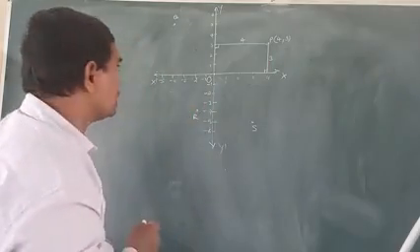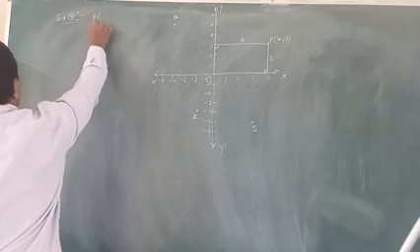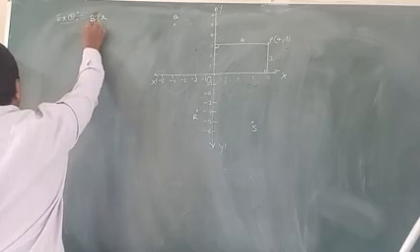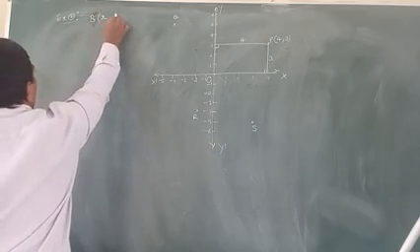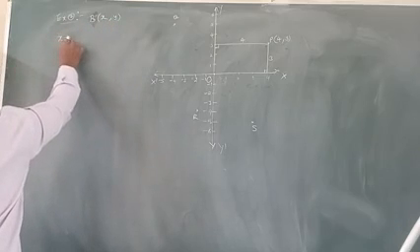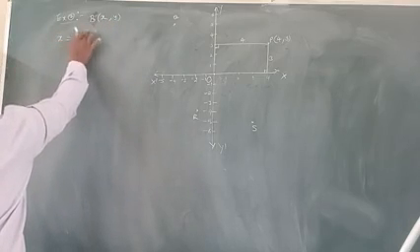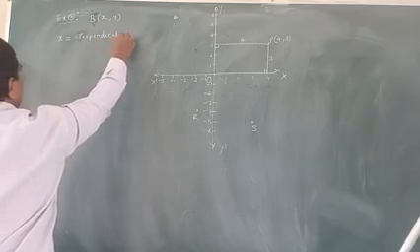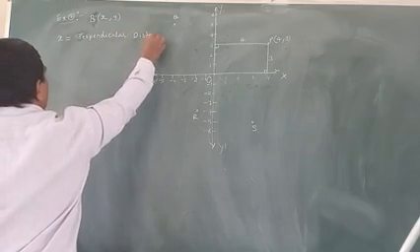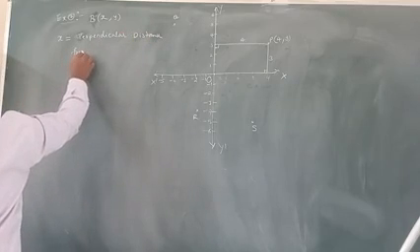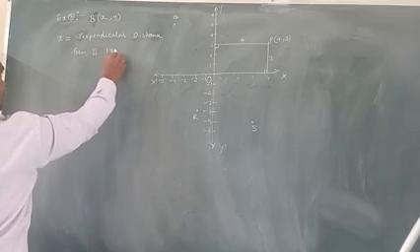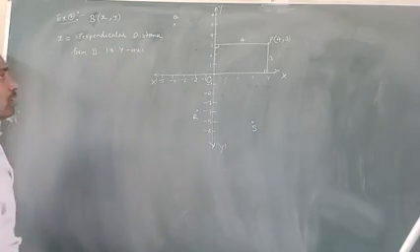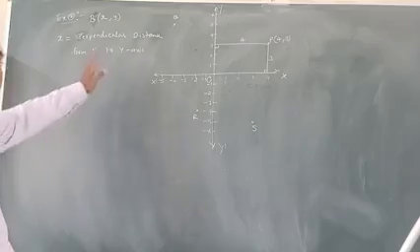Okay. See, children, for example, take any point B. B is a point (x, y). The x coordinate is the perpendicular distance from B to the y-axis.